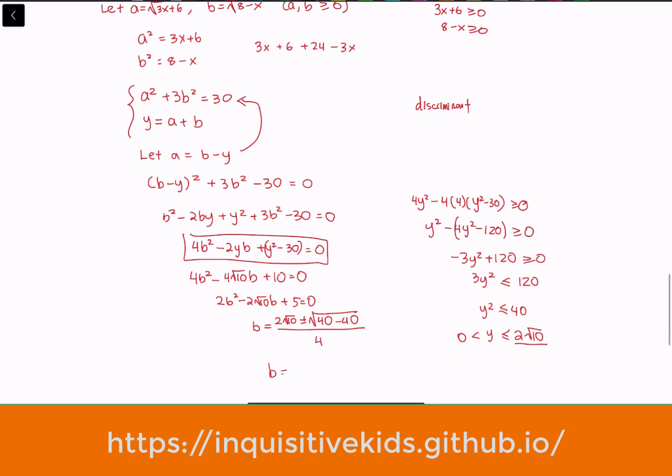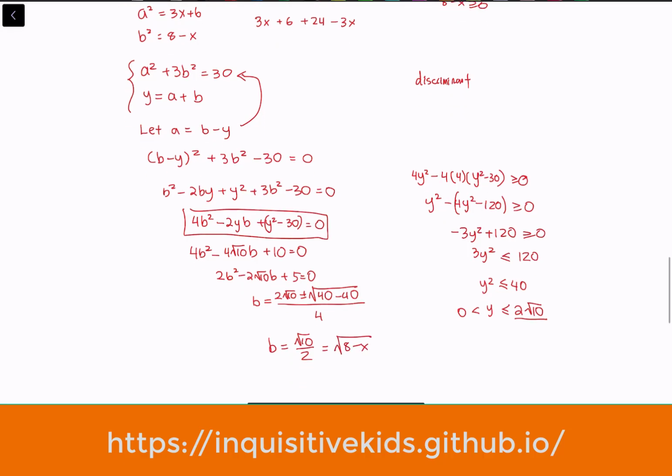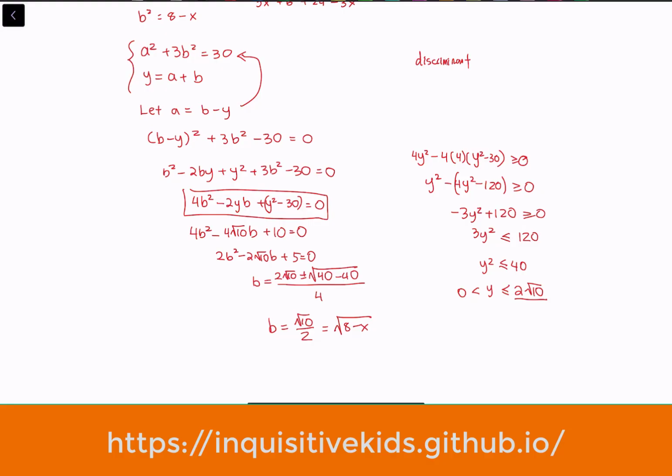This gives us b is equal to square root of 10 over 2. And what is b in the first place? b was equal to square root of 8 minus x. So this should be equal to square root of 8 minus x. And now let's solve for x.